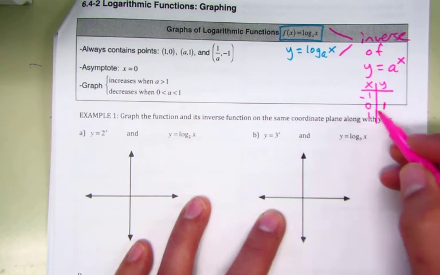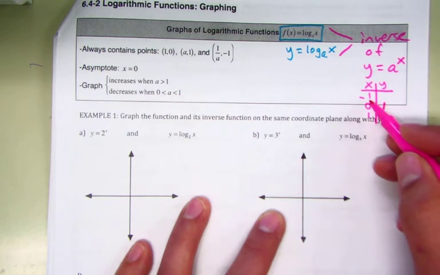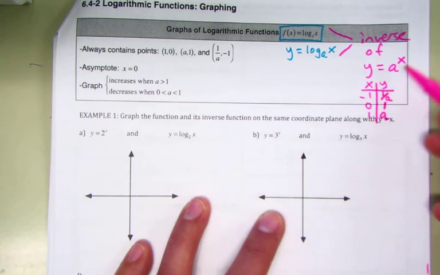What's a to the 1? A. And now what's a to the minus 1? Not negative. 1 over a, right? It just makes it the reciprocal. Okay? So remember, we're using a, but this applies for 2. Like if this were 2 to the x, we saw 1, we saw 2, we saw a half. Those are the main y values, right?